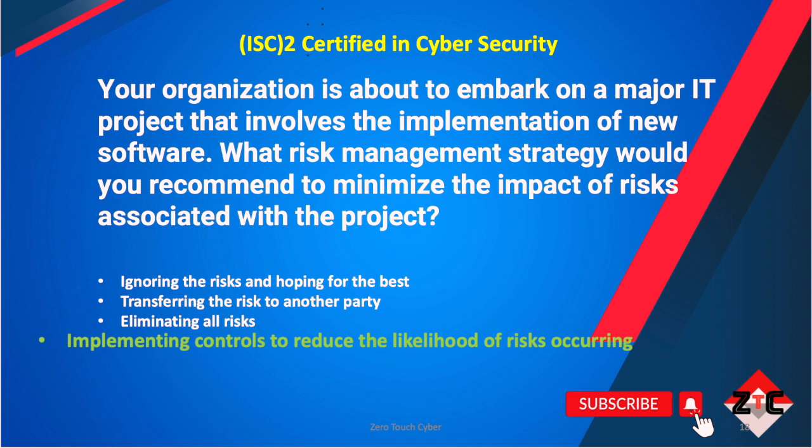By reducing the likelihood of risks occurring, organizations can minimize the impact of risks and ensure the success of the project. So the correct answer is the fourth option, implementing controls to reduce the likelihood of risks occurring.